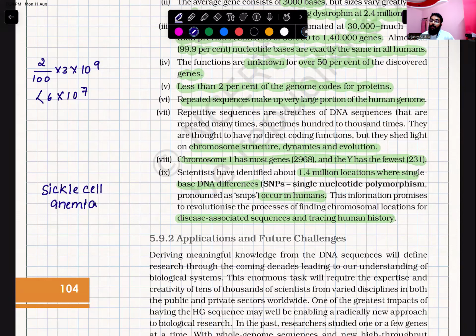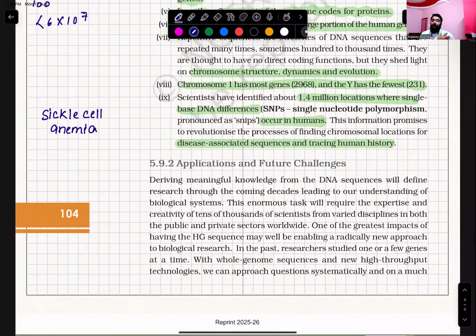In sickle cell anemia, what happens? There is only one point mutation, right? Remember or not? So similarly, we have found out 1.4 million locations where there is only one single nucleotide change. So between a diseased person and a non-diseased person, whatever differences, we can figure that out. Yes or no? Yes, sir. And there are other ways of using it also, but for our syllabus only this much is fine.